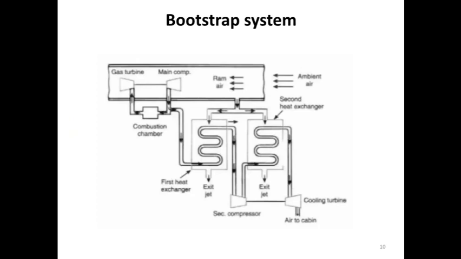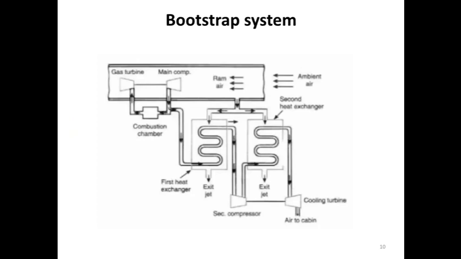From the main compressor the air goes to the first heat exchanger, then to the secondary compressor, then to the secondary heat exchanger. So it has two heat exchangers, main compressor and secondary compressor, and the cooling turbine.